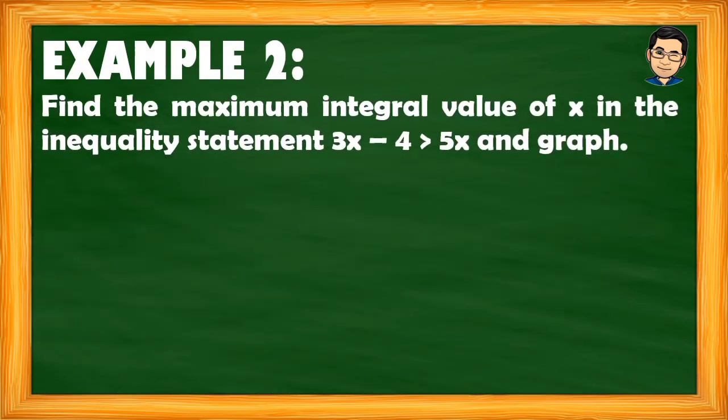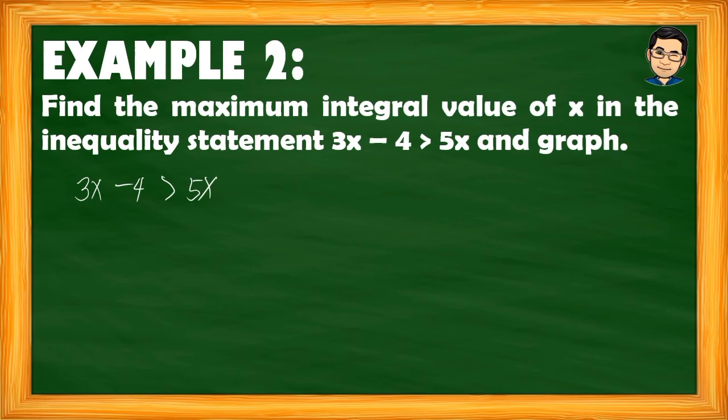Find the maximum integral value of x in the inequality statement 3x minus 4 is greater than 5x and graph. So, yung hinahanap natin dito is yung maximum integral value ng x, yung pinakamataas na possible value ng x. So, let's write the given inequality. 3x minus 4 is greater than 5x.